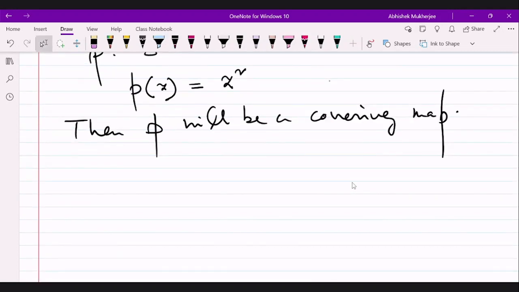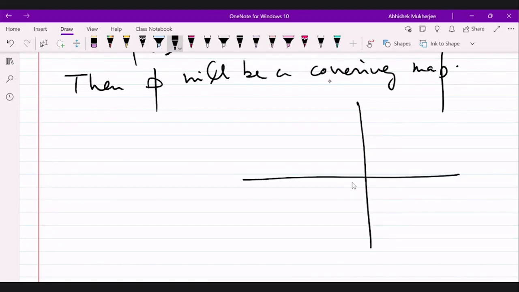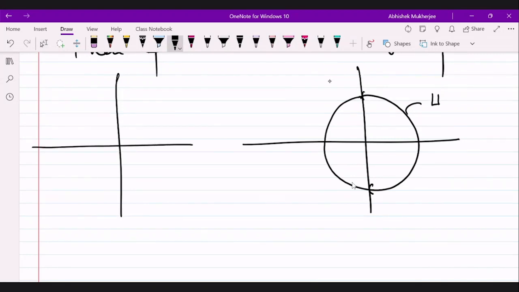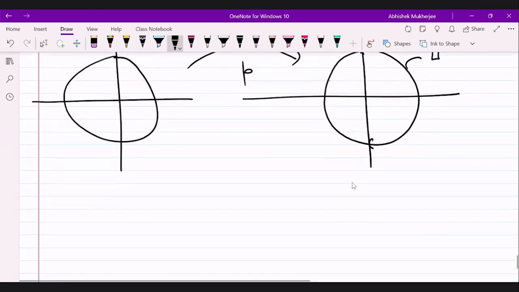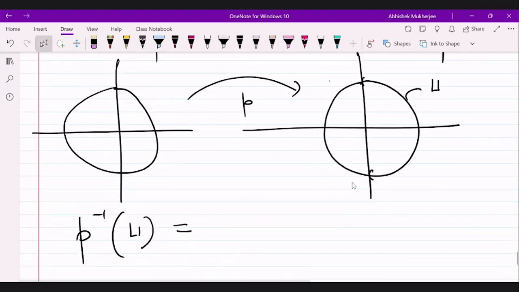If you take any particular small part of S1, usually we always take that part having arguments from minus pi by 2 to pi by 2. So if you take that U, then what will happen? Here it is your P. So you are trying to compute this P inverse U, right?